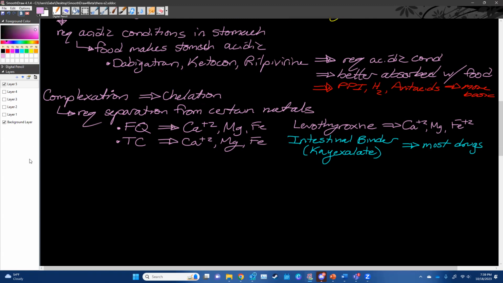Next up, we have to talk about P-glycoprotein, which is the main way that the fluoroquinolone and tetracycline.